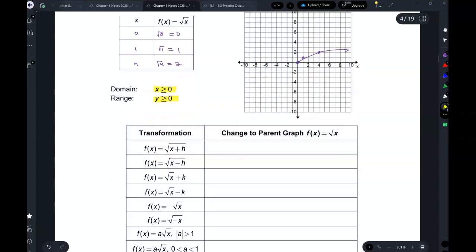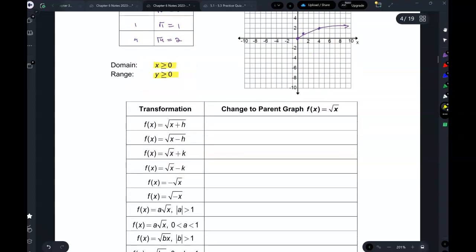Okay. Transformations. Transformations work the same way for any type of function, right? So if you have the square root of x plus h, that plus h moves the graph where? Left h. To the left h units.